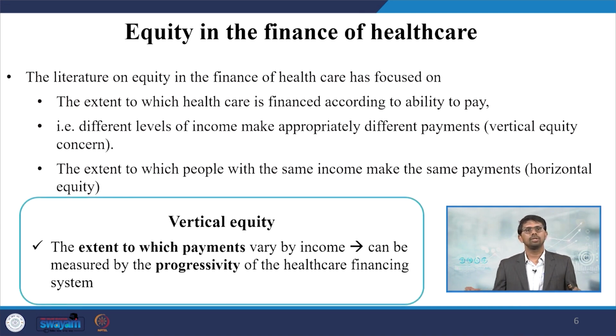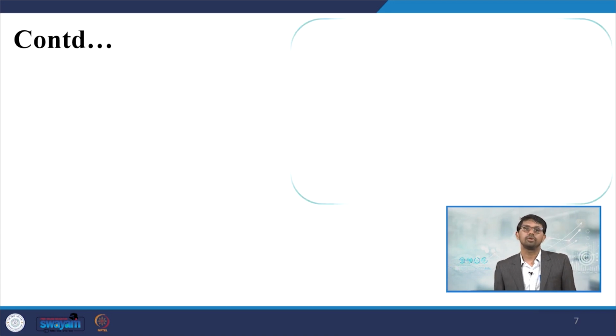So, vertical equity is the extent to which payments vary by income and can be measured by progressivity. The progressivity of the healthcare financing system is called vertical equity.